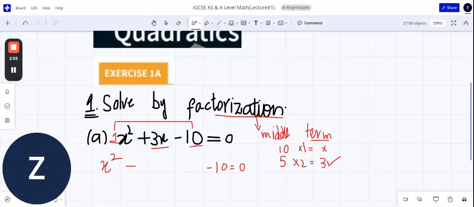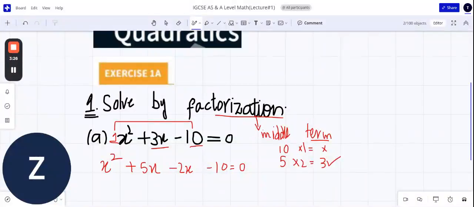Now our factors are 5x and minus 2x. Why plus 5x and minus 2x? Because the sign in the question is plus 3, so we write the same sign with the bigger factor. And plus and minus always makes minus. 5 minus 2 will give us 3.